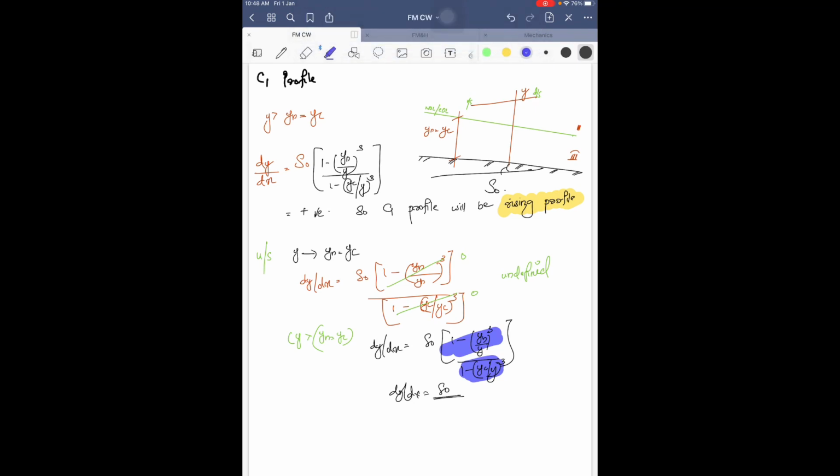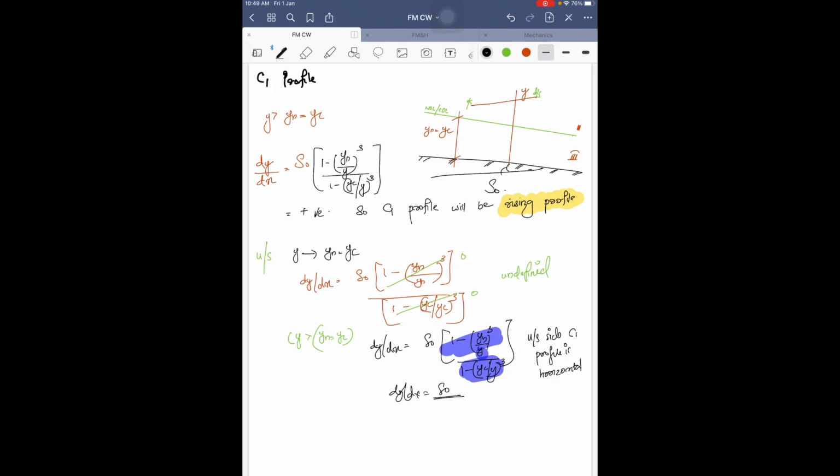Yn is equal to yc and the y value is the same. So we can say that at the upstream side the C1 profile is horizontal.